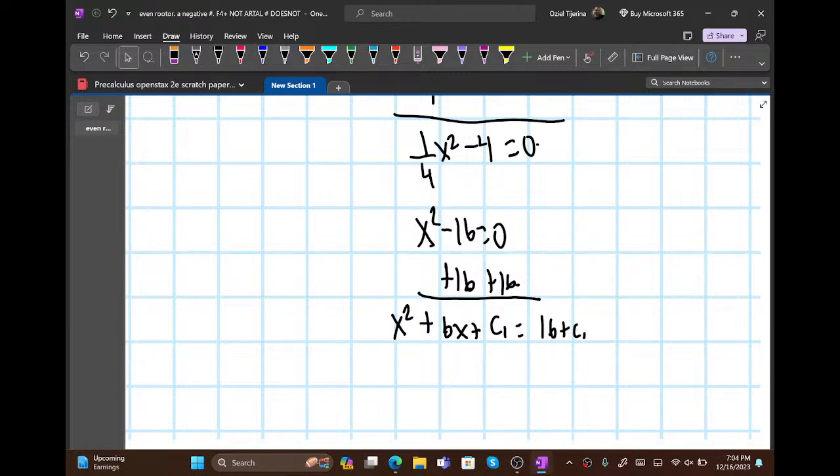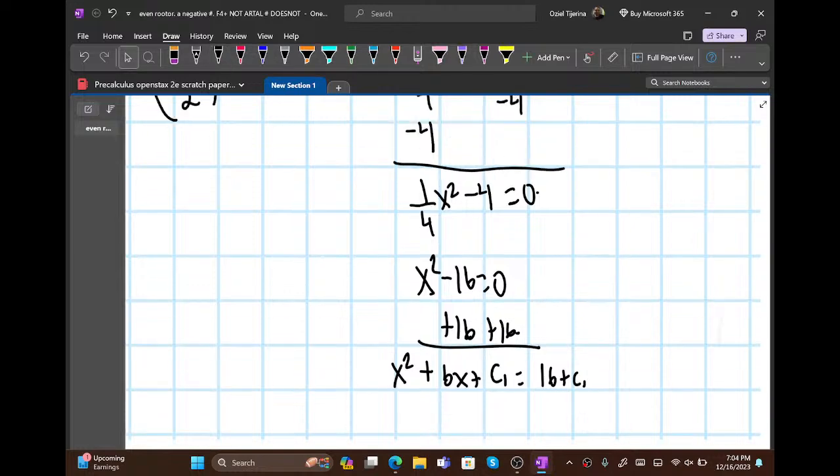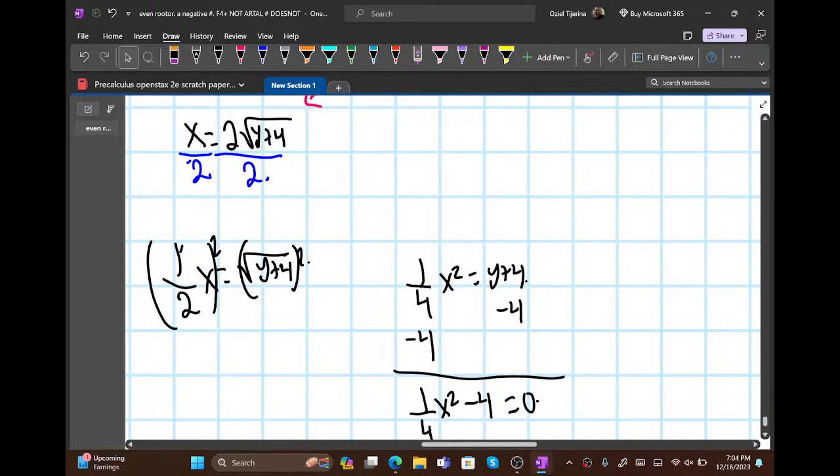But then again, it just doesn't make sense in this situation. It is difficult. I mean, subtract 4 and then complete the square.